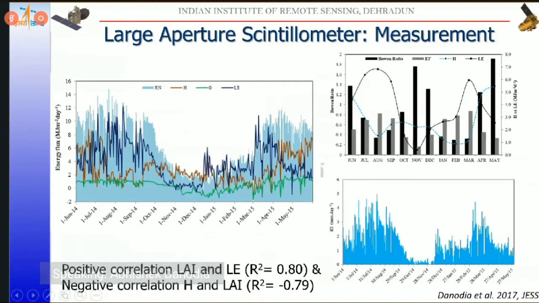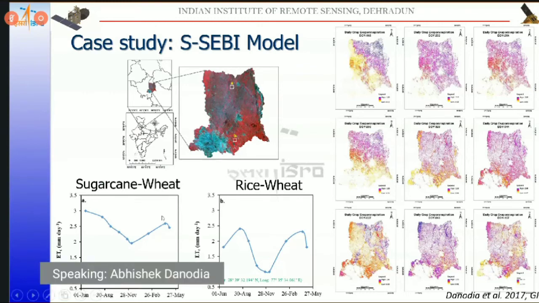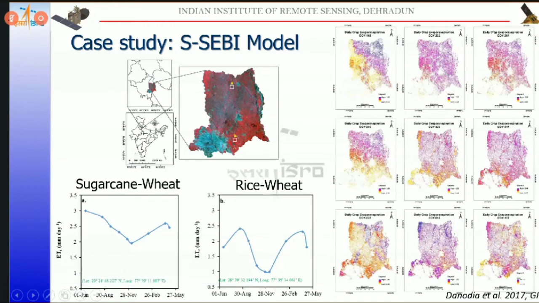IARI New Delhi is our validation site, and we calibrate our data sets and also simulate or validate them against our observed data sets for two different crop patterns: sugarcane-wheat and rice-wheat. Very clearly, this defines the daily ET rate for sugarcane-wheat and rice-wheat, and these are the crop evapotranspiration maps for particular days of the complete Kharif and Rabi seasons.